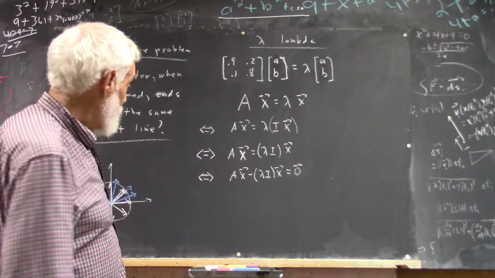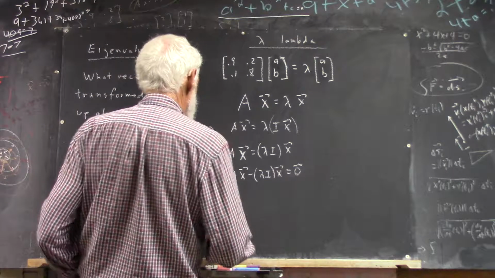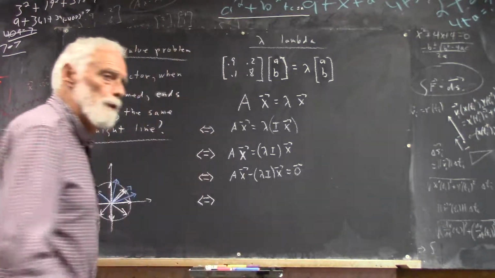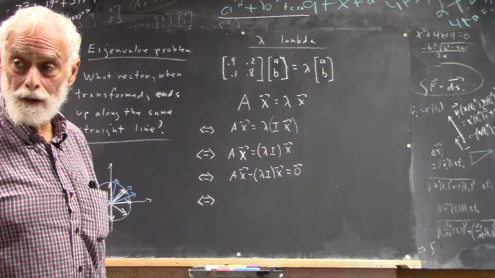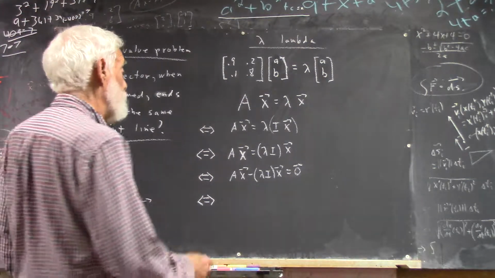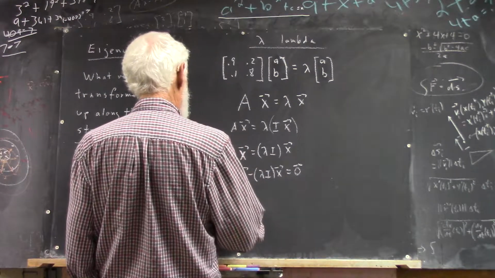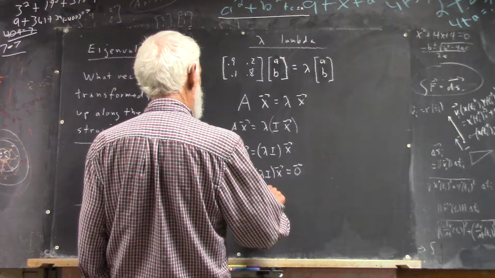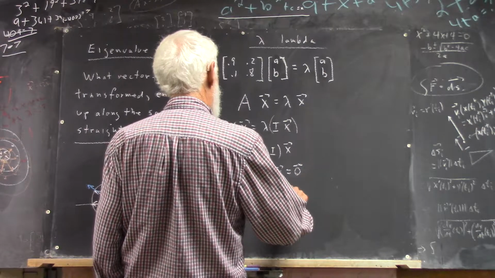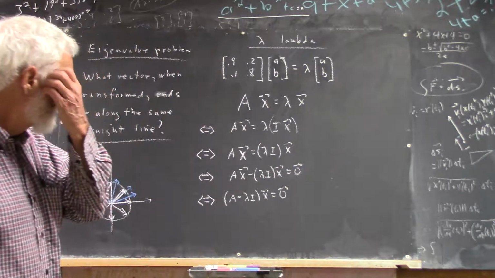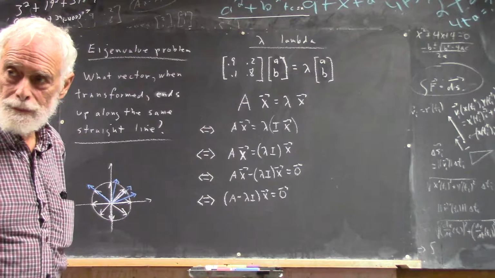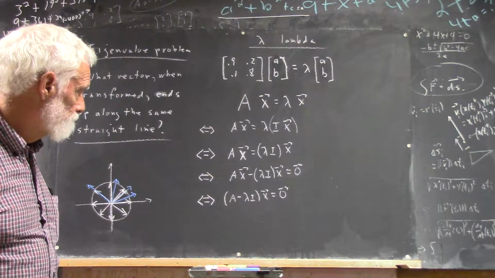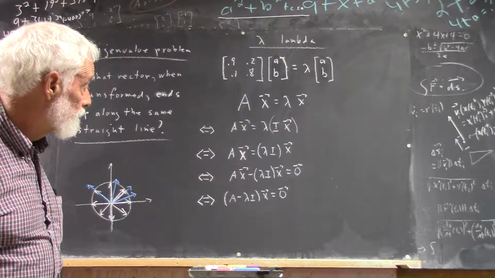And the distributive law works. Again, easily proven. So we can use the distributive law here and say that A minus lambda I times x equals the 0 vector.